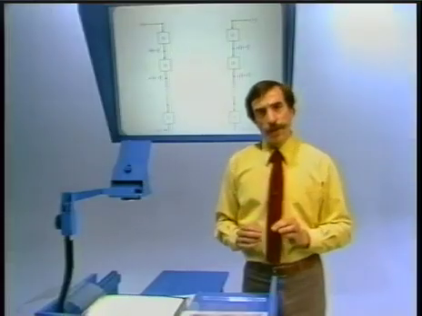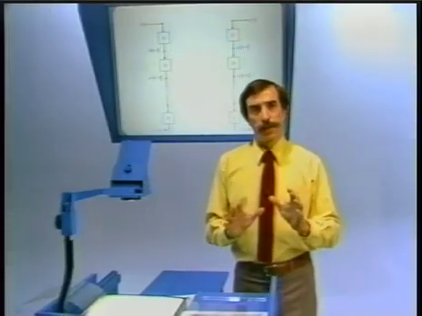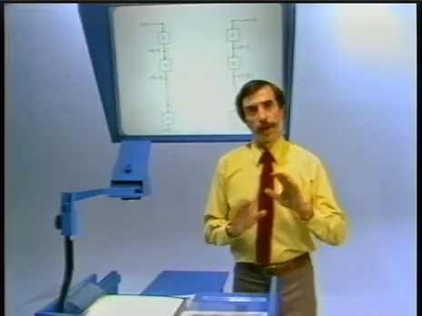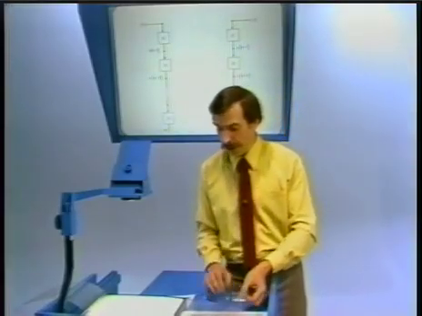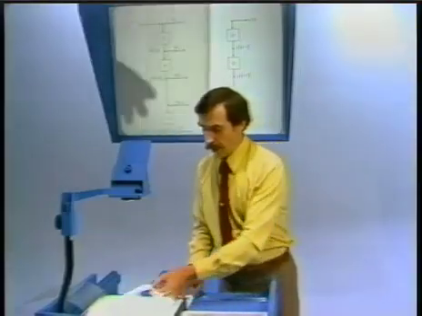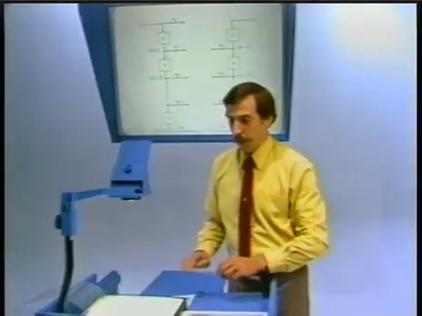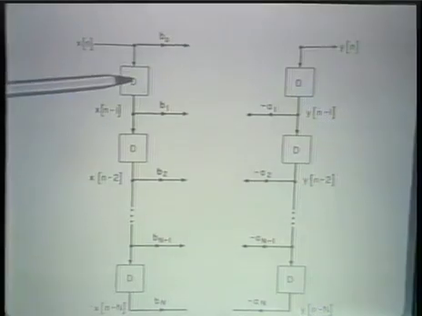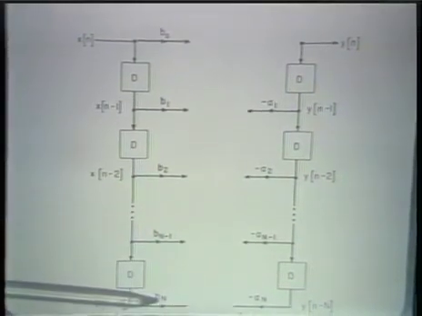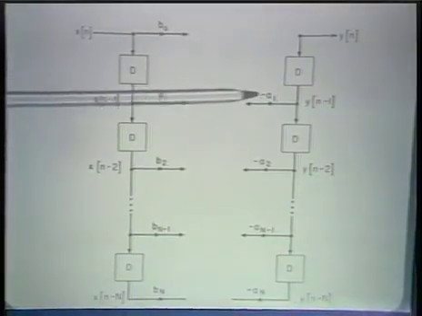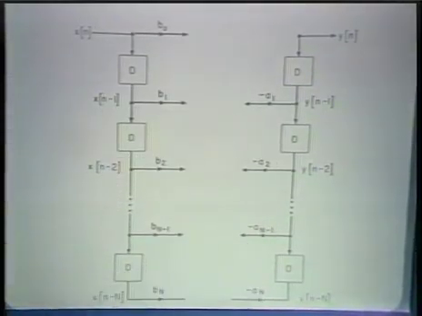Now, the difference equation says that we want to take these and multiply them by the appropriate coefficients in the difference equation. And so we can do that as I've indicated here. So now we have these delay elements each multiplied by the appropriate coefficients on the input and by appropriate coefficients on the output.